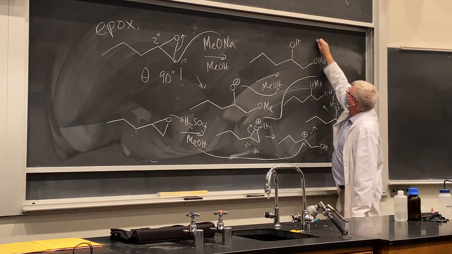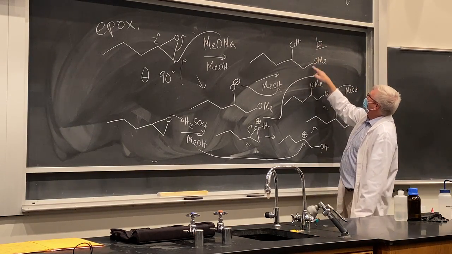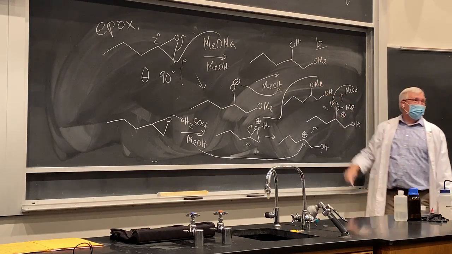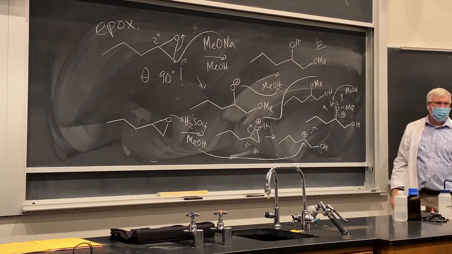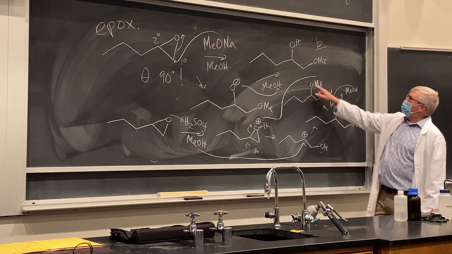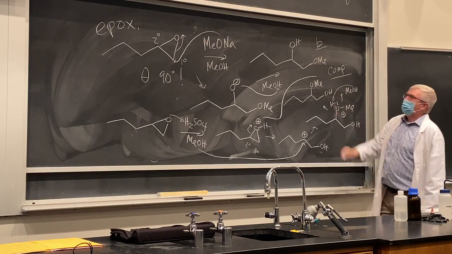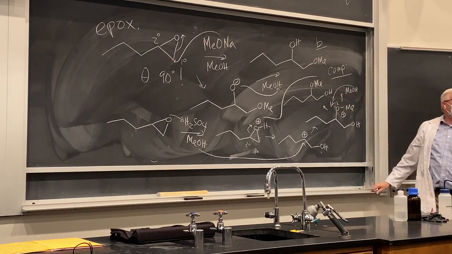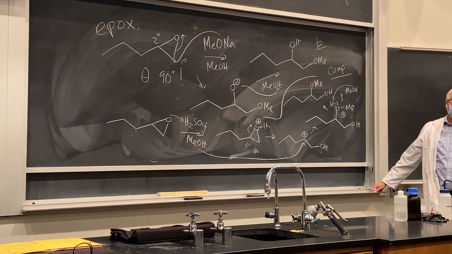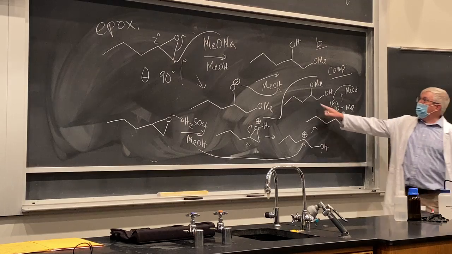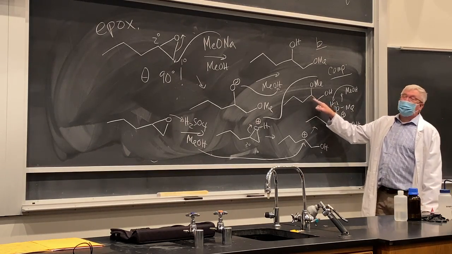Under basic conditions, we got the methoxide at the primary position because that's our charged nucleophile. Okay, so what are we going to say here? We get a complementary type of selectivity. This is an issue of regioselectivity that we'll see a lot of coming up in chapter 10. Which region of the epoxide got functionalized?